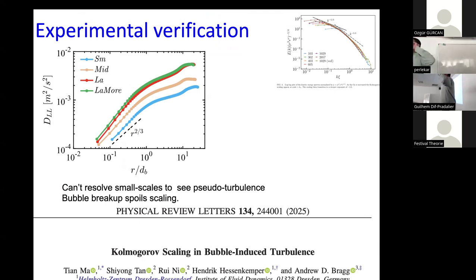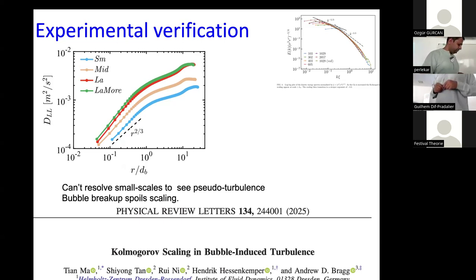Close to Galilei number 1,000, they start to see a 2/3-like scaling. And as you try to increase the bubble diameter, it starts to break apart, so you are not able to achieve higher and higher Galilei numbers. Again, one can't rule it out because you could do some experimental trick to get even larger bubbles. But there is at least some preliminary indication from experiments that the possibility we proposed of seeing Kolmogorov scaling in these bubbly flows is not ruled out.